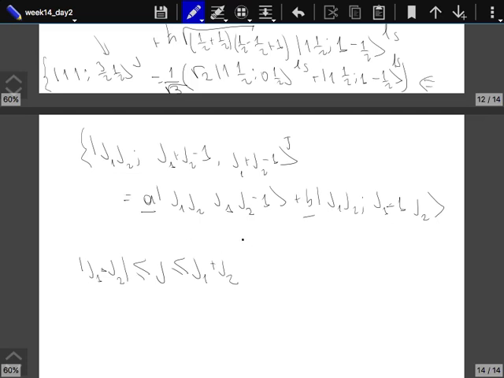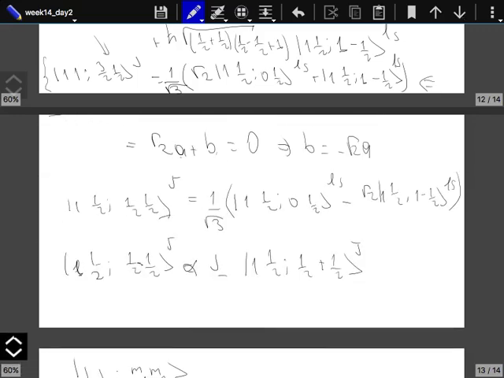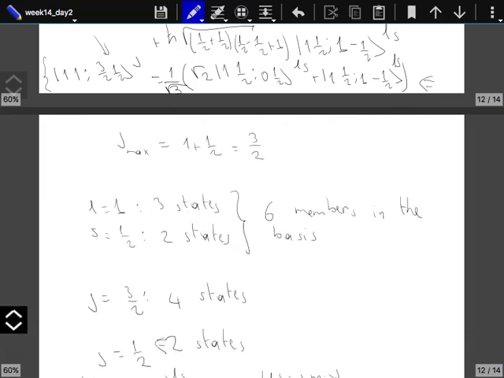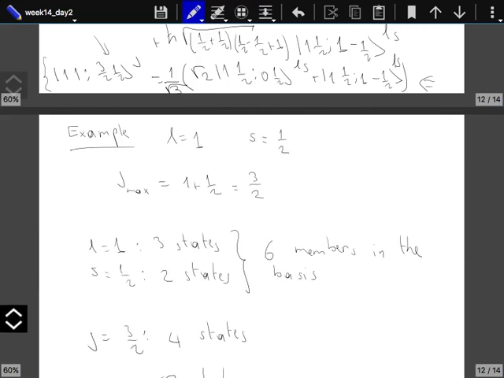That's one of the crucial outcomes. And at least for simple systems, you should be able to work out, let's say here we already worked out the 1 plus 1/2, or 1/2 plus 1/2, the Clebsch-Gordan coefficients. Questions?